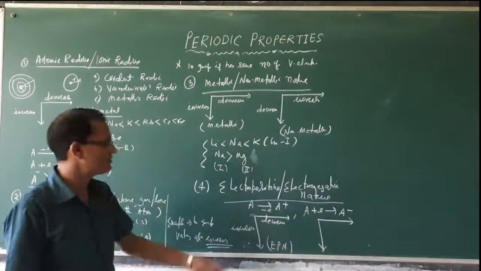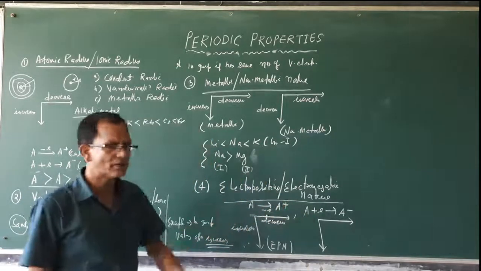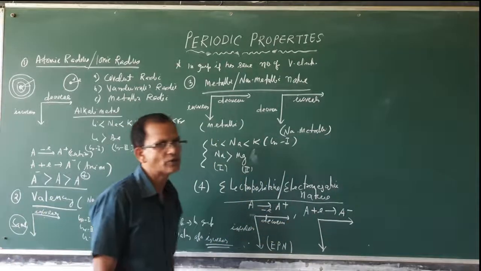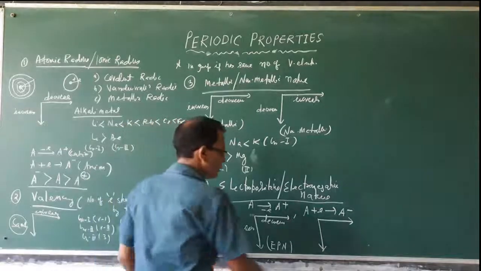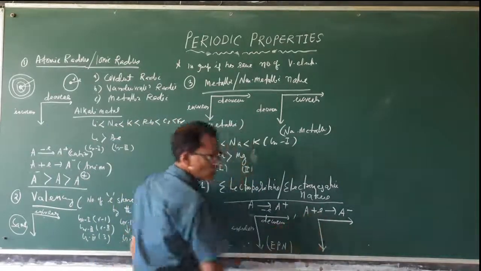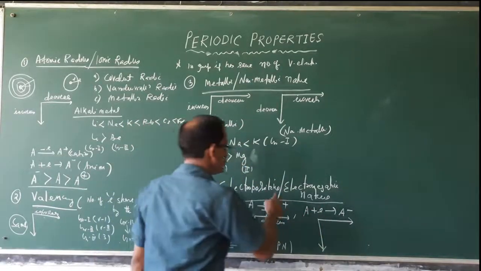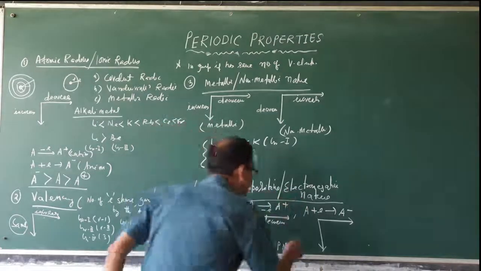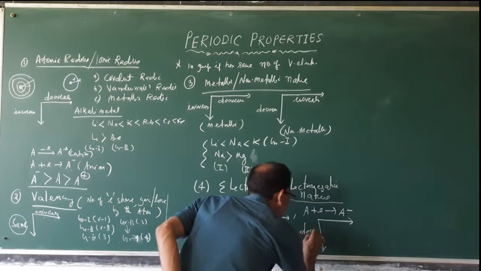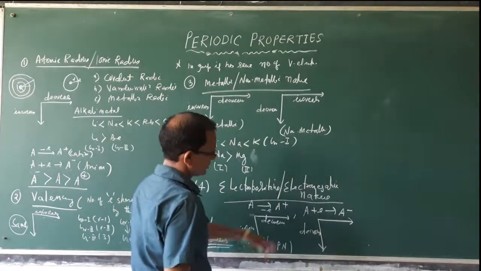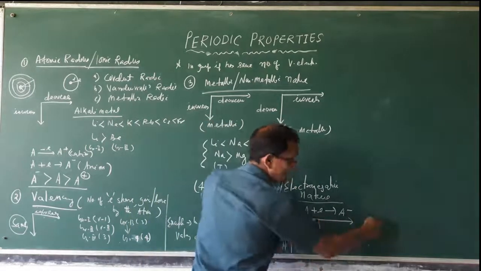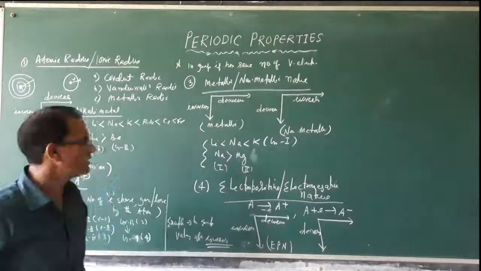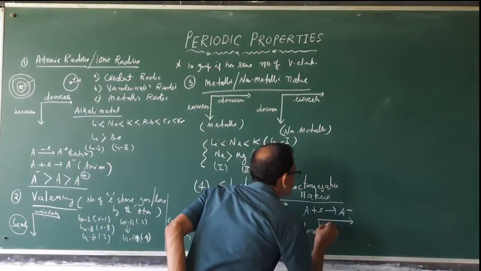Electronegative character means the tendency to gain electrons, and non-metals have it higher. So from top to bottom, non-metallic character decreases, so electronegative nature decreases. But from left to right, non-metallic character increases, so electronegative character increases.